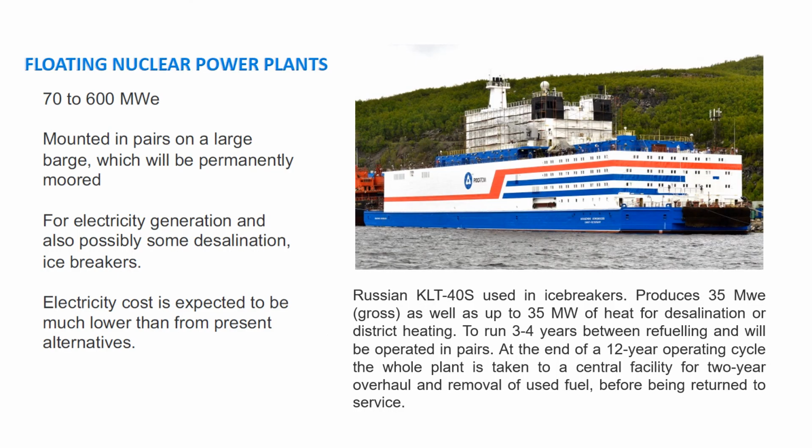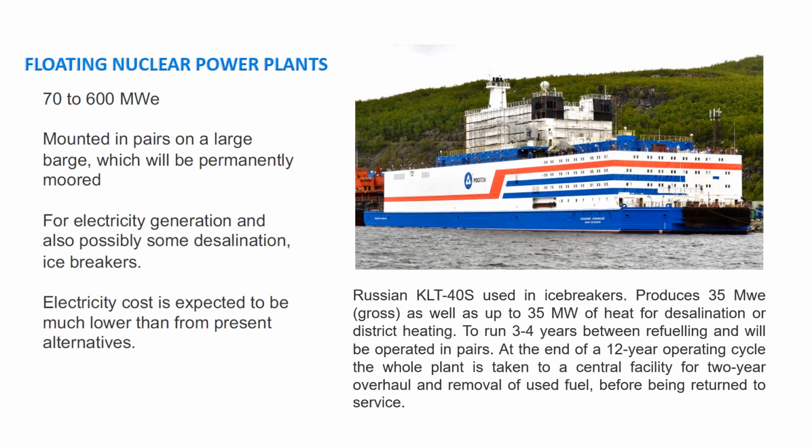Then you have your newer reactors, your floating nuclear power plants, which can produce from 70 to 600 megawatts electric. These are mounted in pairs on a large barge, which will be permanently moored for electricity generation and also possibly some desalination and icebreakers. Electricity cost is expected to be much lower than from present alternatives.